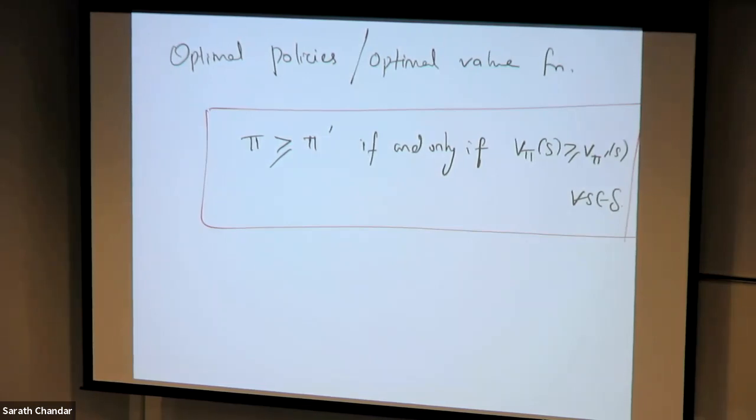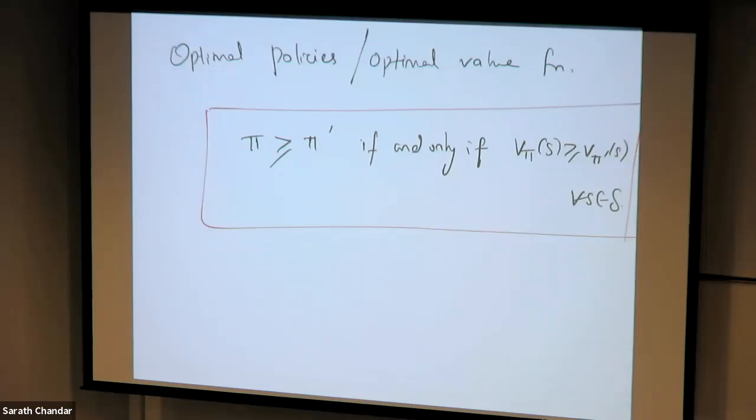We'll talk later about what happens if pi and pi dash have exactly equal value functions; it's a very special case. But for example, say out of 10 states, in 9 states they have the same value, but in the 10th state one policy has a different value. Then it just means that this policy has found something better than the other policy, so it should be better than the previous one.